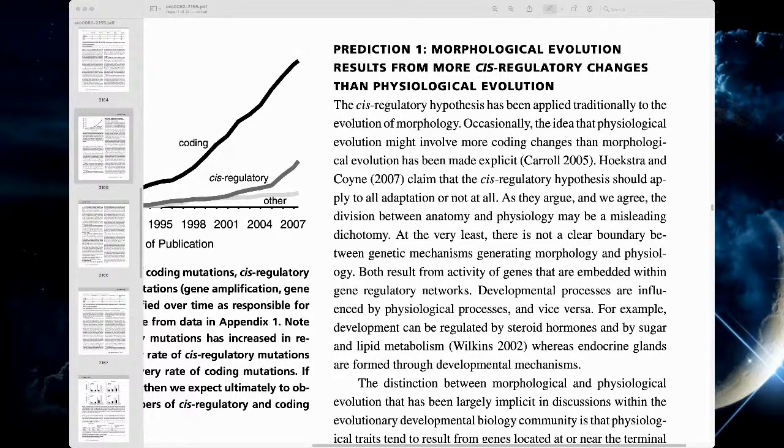Developmental processes are influenced by physiological processes and vice versa. For example, development can be regulated by steroid hormones, by sugar and lipid metabolism, whereas endocrine glands are formed through developmental mechanisms. Okay.